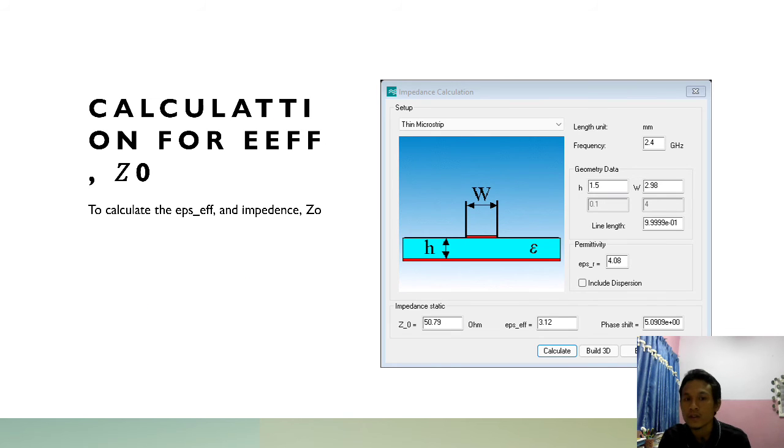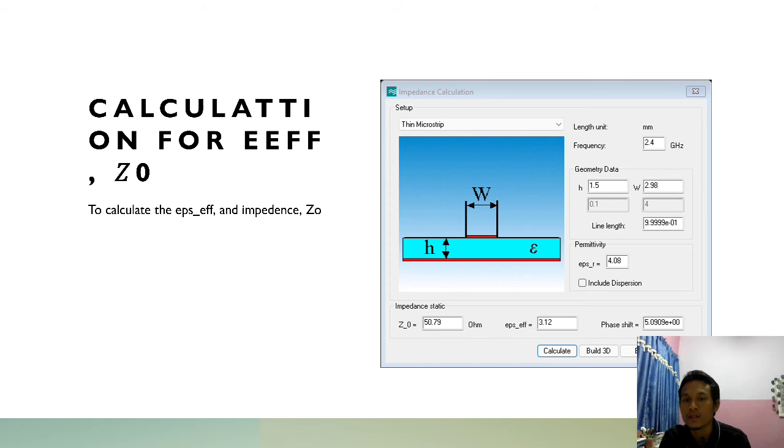For the calculation of the effective epsilon and the impedance, we are using the impedance calculator. For the thin microstrip setup, we are using 2.4 GHz frequency.